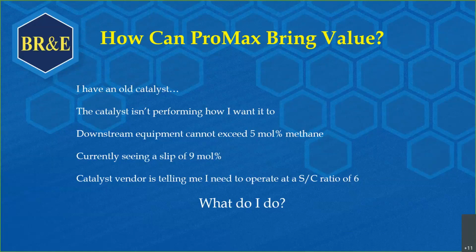So we're definitely exceeding that top bound of methane slip. We need to bring that back down into normal range. And the catalyst vendor is telling me that I need to operate my steam to carbon ratio at a 6. So with that being said, let's jump into ProMax and see how we can solve this problem.